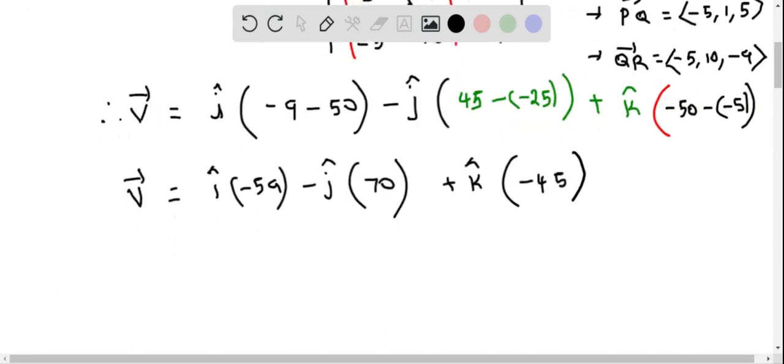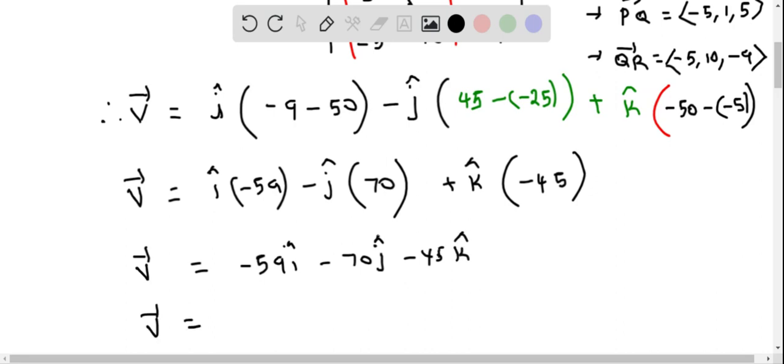So we can write this first in the ijk form, that is -59i, -70j, -45k, and this can be written in component form without the ijk as -59, -70 and -45. So this is the vector which is orthogonal to the given plane with the 3 points on it.